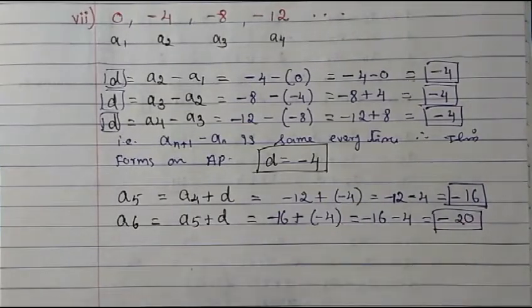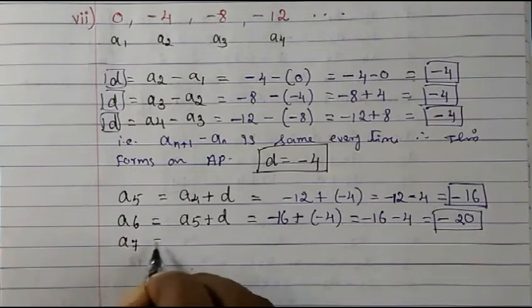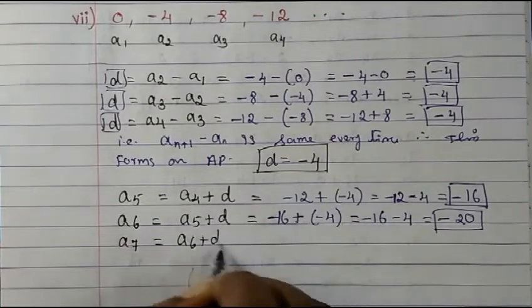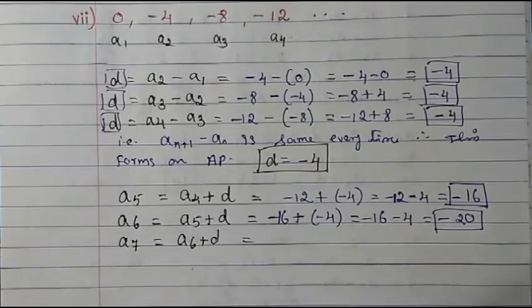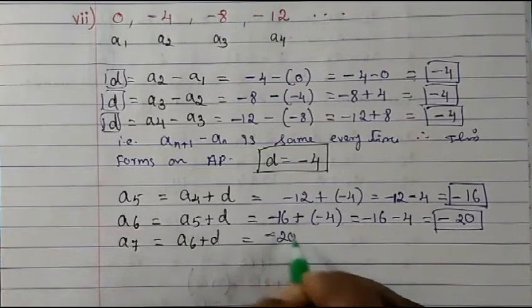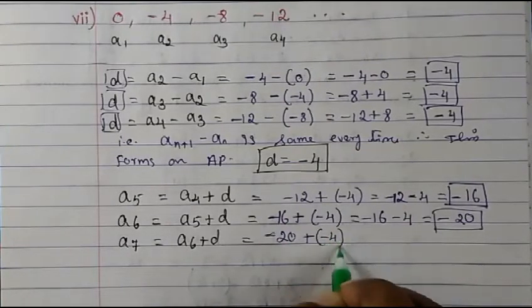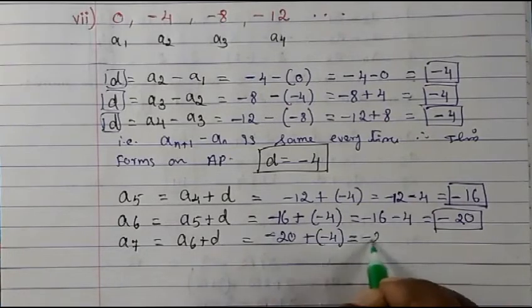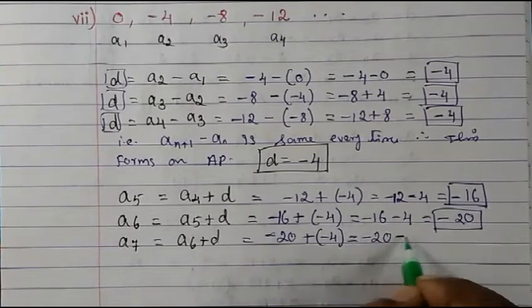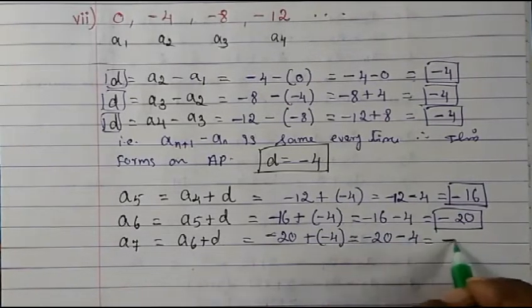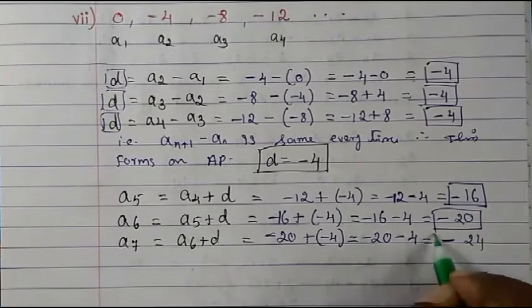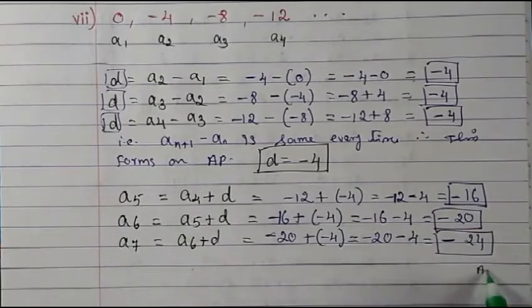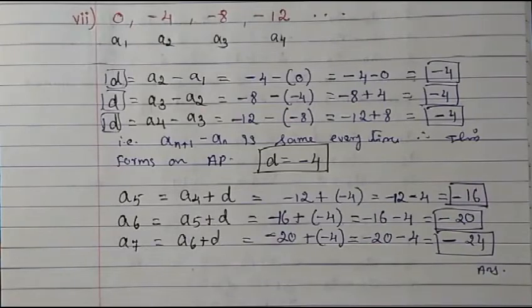Then next A7. A7 is A6 plus D. A6 is minus 20 plus D is minus 4, so minus 20 plus into minus 4 will give us minus 24. So this is our answer for the 7th.